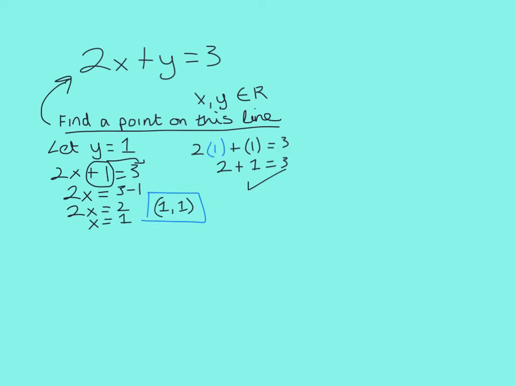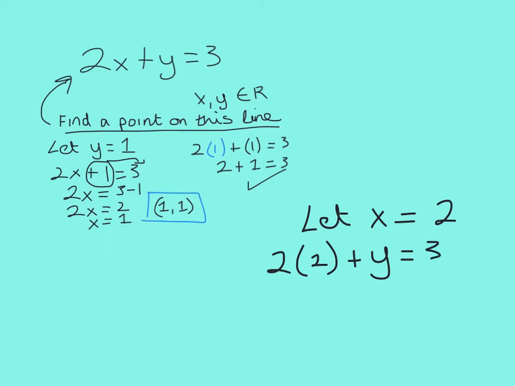Similarly, I could let x equal a number. So let's say, for example, we let x equal 2. So if I let x equal 2, I have 2 by 2 plus y equals 3. That gives me 4 plus y equals 3.